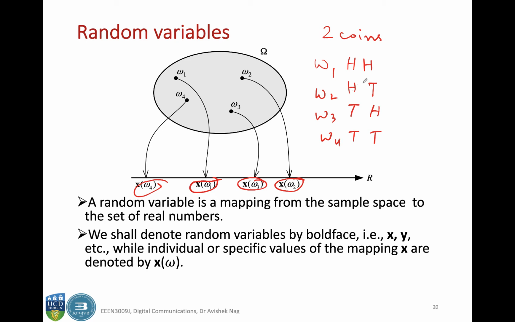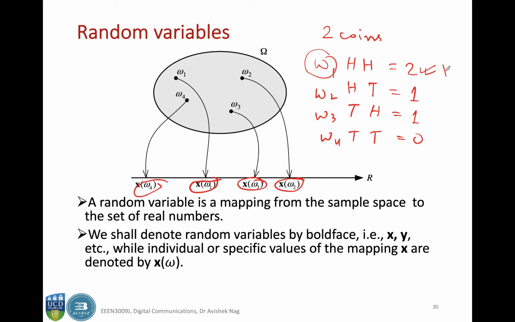And let's say I define the random variable as the number of heads occurring while you are tossing two coins. So in this case, this is 2, this is 1, this is 1, and this is 0. So basically, I am mapping these events. Omega 1 is mapped to number 2 on the real number line.